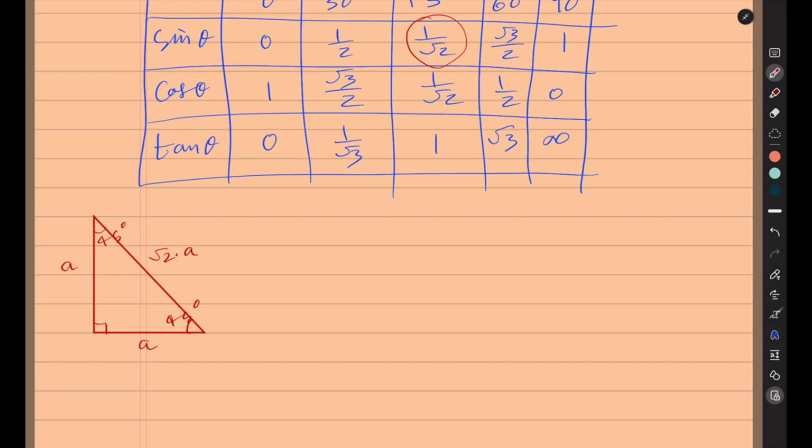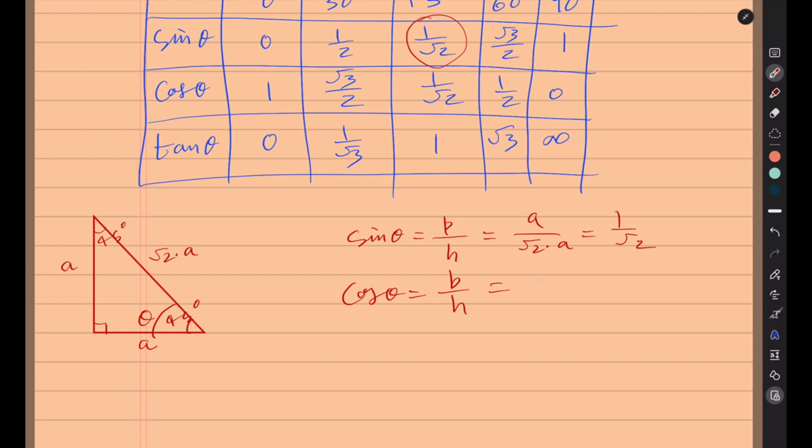If we make this angle the base angle theta, then sine theta is equal to p by h, where p is a and h is root 2 times a. So it means 1 by root 2. Same thing, cos theta is b by h.